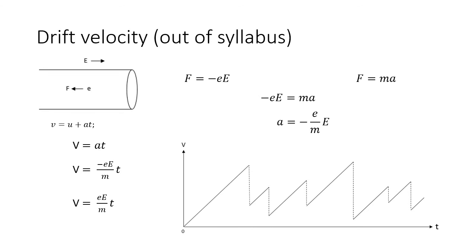As soon as the potential is applied, the electron will accelerate with constant acceleration, and in a very small time it will collide with an atom in the conductor and its velocity drops down. And again it will accelerate and collide with another atom, and again the velocity of the electron drops down. Similarly, the electron will move throughout the conductor. So if we take the average value of these velocities, we will get the drift velocity.